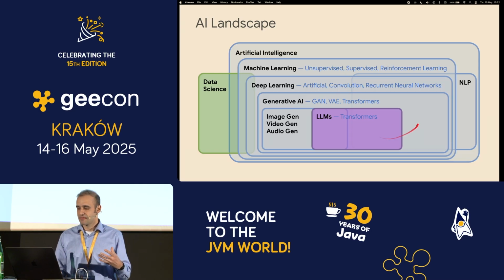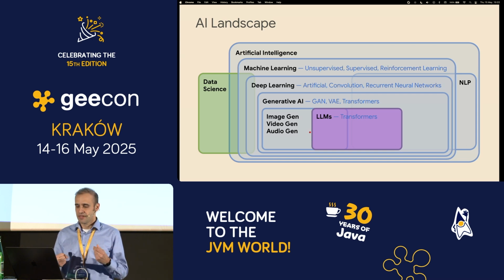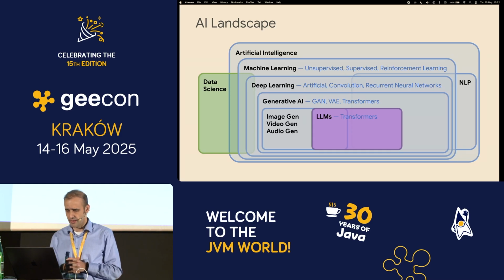But now I moved this large language model over the top of the image generation as well, because some models, like Gemini 2.0, for example, started also generating images. So you have the same model for text generation and image generation. In the future, maybe we'll have just one kind of model that generates whatever you want, right? So that's the landscape that we're in when it comes to large language models.